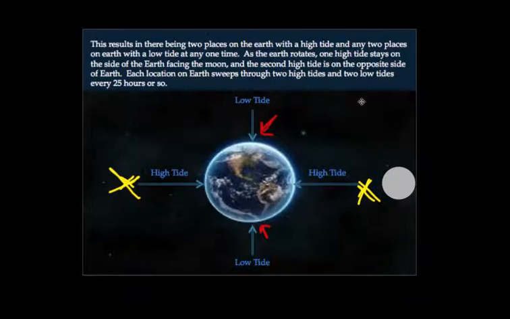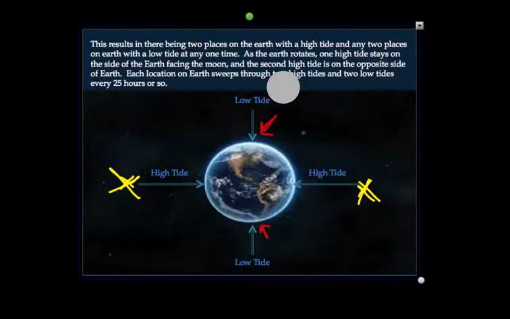But as the moon rotates around the earth, as the moon goes over here, well, then we have a shifting of the tides.